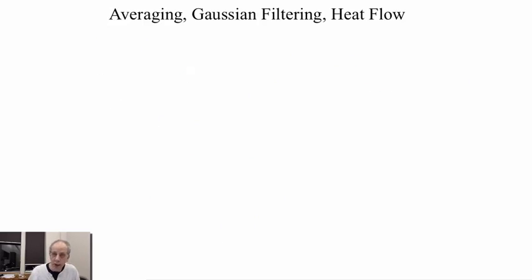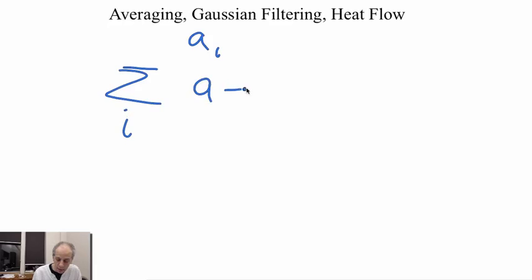If I give you a set of numbers, let's call them A sub i, and I'm asking you to find the number a such that the sum over every i of (a minus A sub i) squared is as small as possible, the result of this is the average of the A sub i.